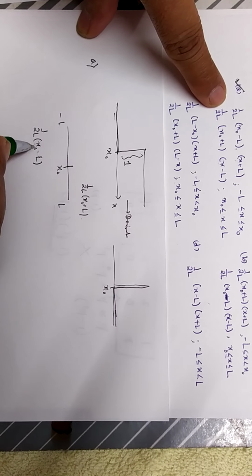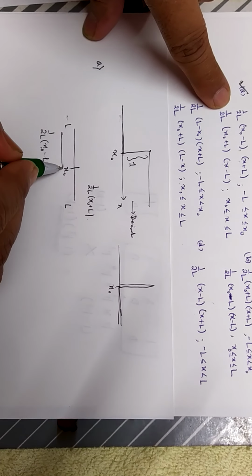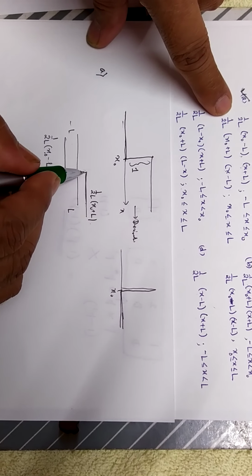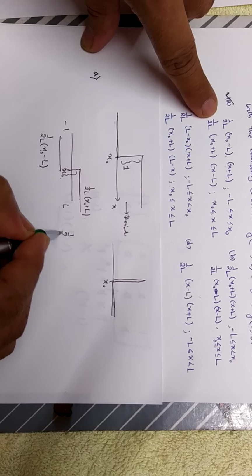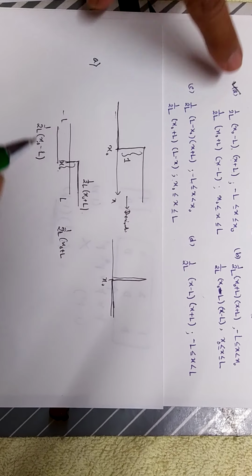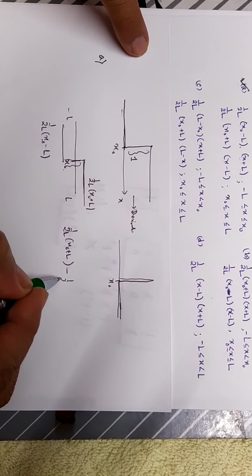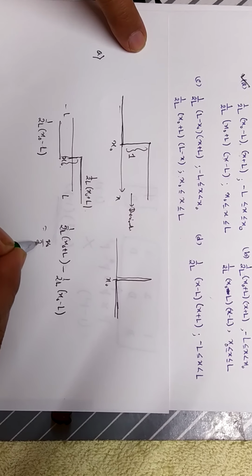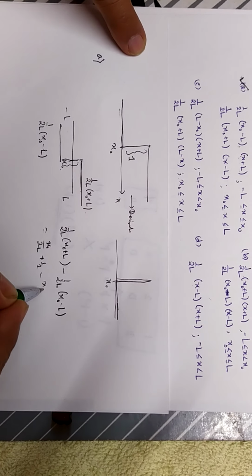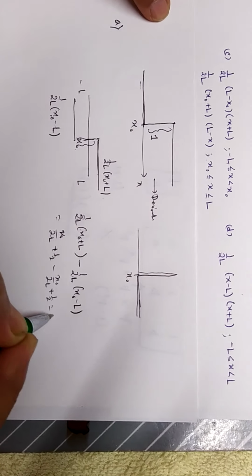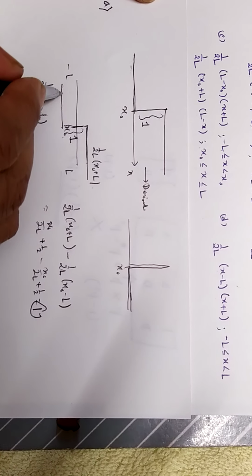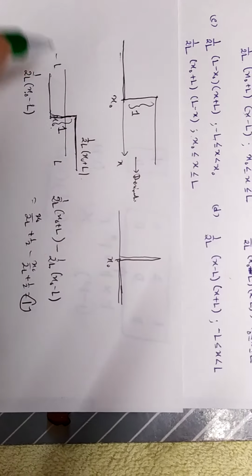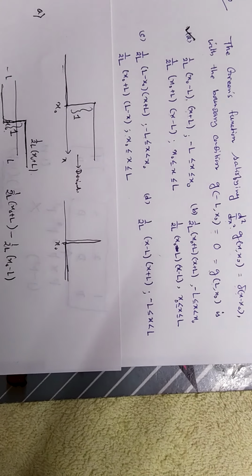And this is constant because x0 is constant and L is constant, so this is up to here, and this is larger, like this. And then what is this difference? This difference is 1 by twice L into x0 plus L minus 1 by twice L into x0 minus L, which equals x0 by twice L plus half minus x0 by twice L plus half, which equals 1, unity. So this is unity, and therefore it is exactly a unit step function whose derivative is nothing but a delta function, and therefore this is the correct choice for this problem.